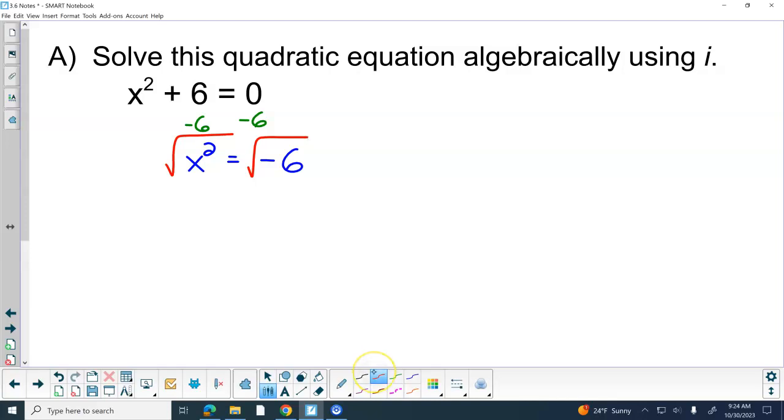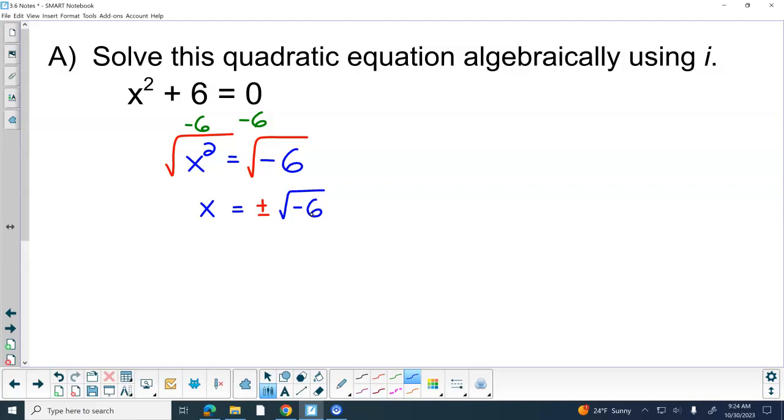Plus or minus. Okay? Anytime that we're solving and we take a square root or an even root for that matter, we have to add in plus or minus. And so then this would be plus or minus the square root of -6.